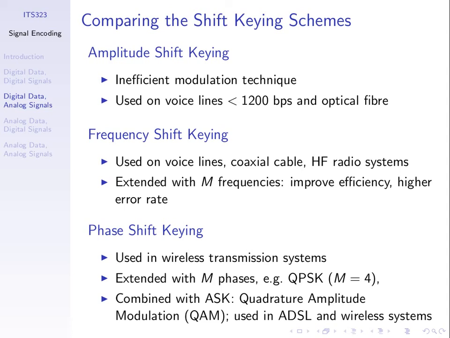One of the technologies is called quadrature amplitude modulation, QAM. So in mobile phones and other wireless systems, the signals are generated using these 2 techniques combined. ADSL is another example. So these systems are used when we want to send digital data but using an analog signal.